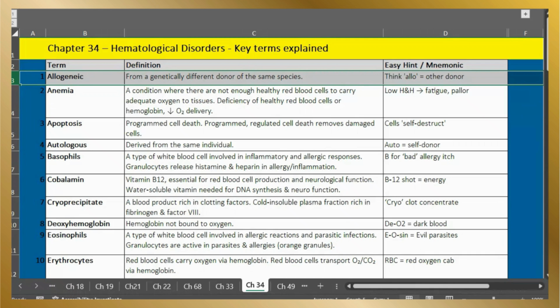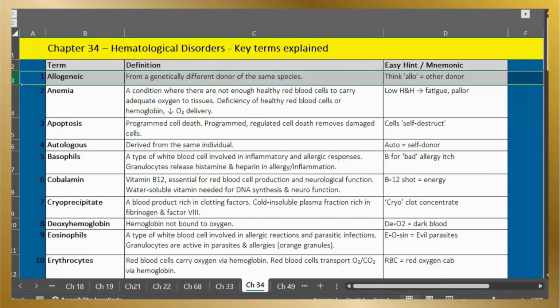So allogenic, from a genetically different donor of the same species. So think allo, from allogenic. Allo means other donor, same like when you say hello, allo, allo.